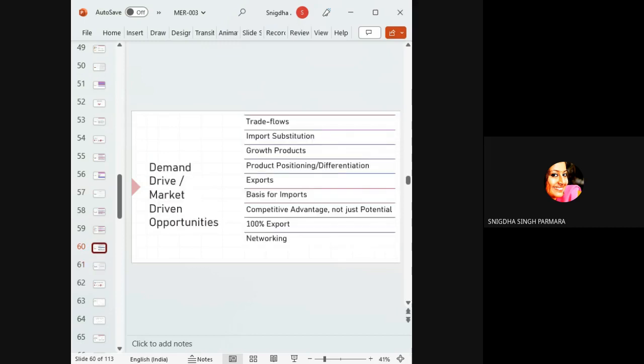Import substitution, in the international context, this becomes important, this becomes a convenience for opportunity identification. So you can consider manufacturing such equipment, such components, such parts, such chemicals or medicines which are now imported from abroad. So you can think of substituting them.